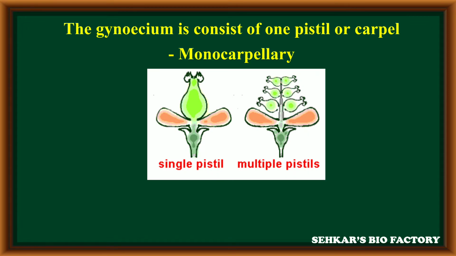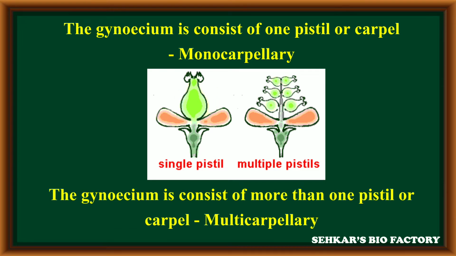In the structure of a gynoecium, sometimes only one pistil or carpel is present. Such a type of ovary is called monocarpellary ovary. Sometimes the gynoecium contains more than one carpel or pistil in its structure. It is called multicarpellary ovary.